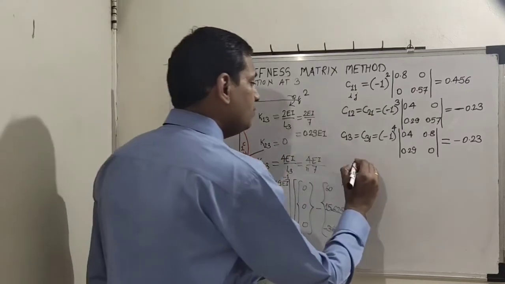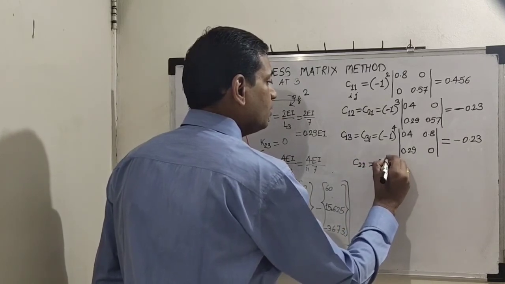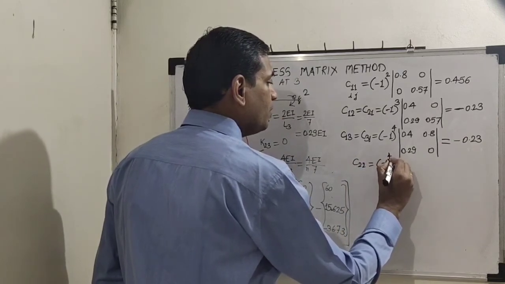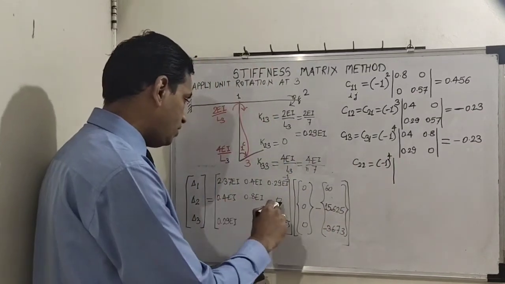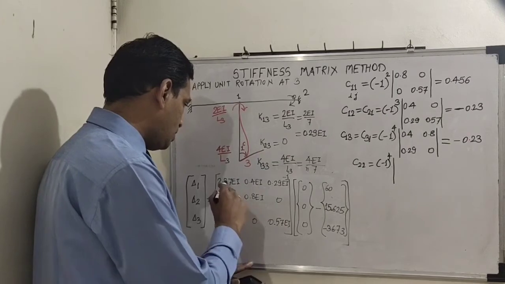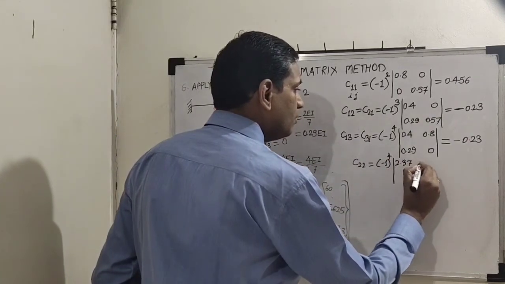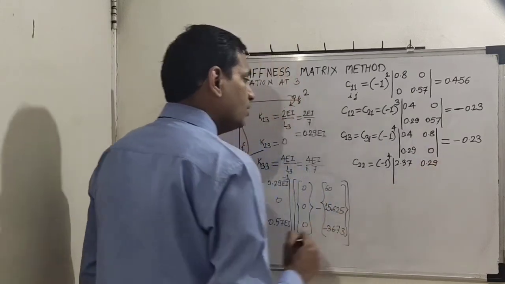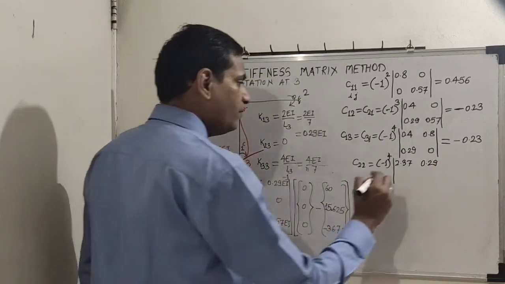Now C22. C22 means again minus 1 raised to 4. Second row, second column. Here is second row, here is second column. So 2.37, 0.29, next, second row, second column. So 0.29, 0.57.